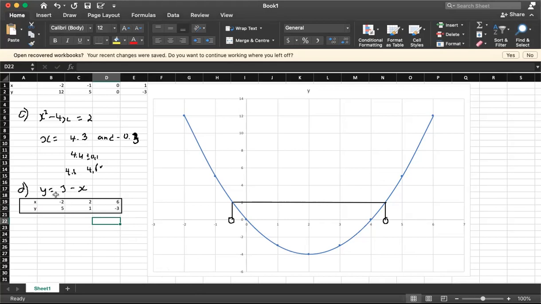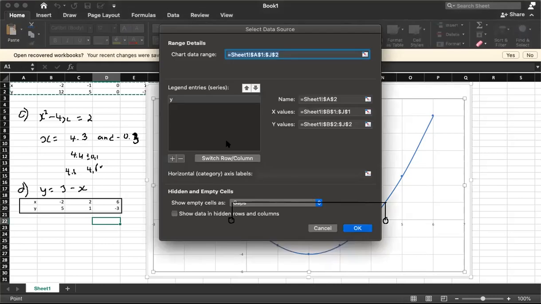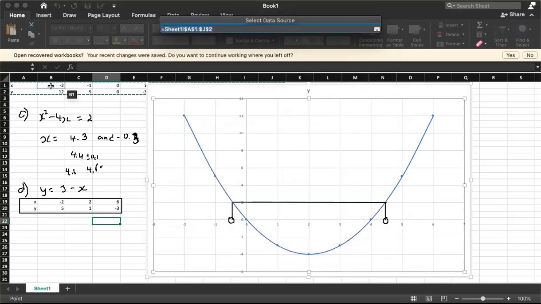Then they would want you to plot the same equation on the same graph here. So we would have to now select that again and put in some values. The range needs to be changed.